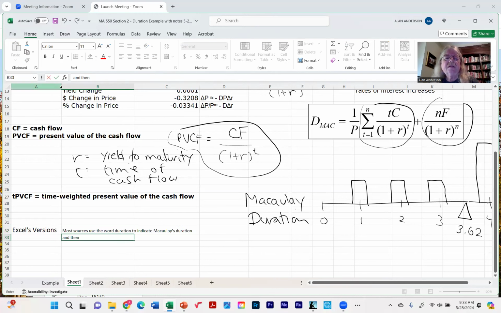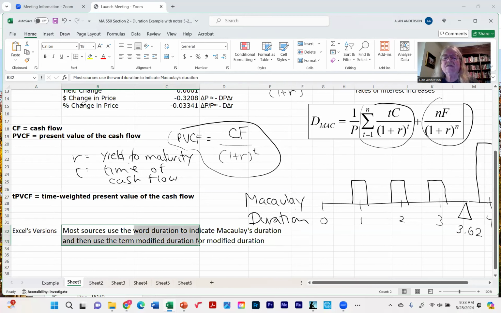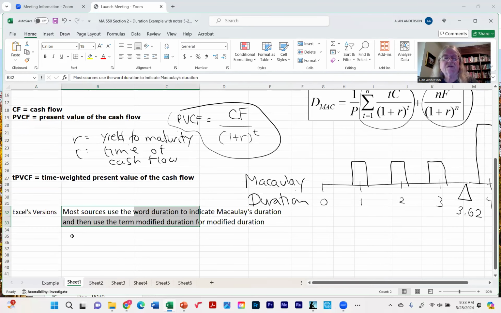And then they use the term modified duration, of course, to mean modified duration. So we're going to find out in a second if Excel follows this convention. They have two durations. One is called duration and one is called M duration. The unfortunate reality is modified and Macaulay both start with an M, and that's the source of a lot of confusion.